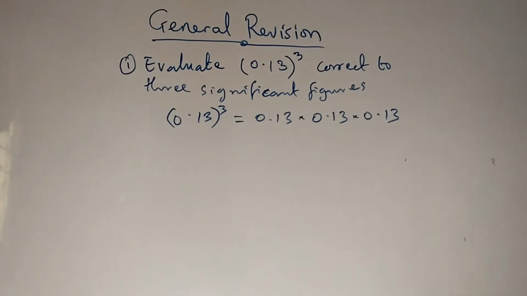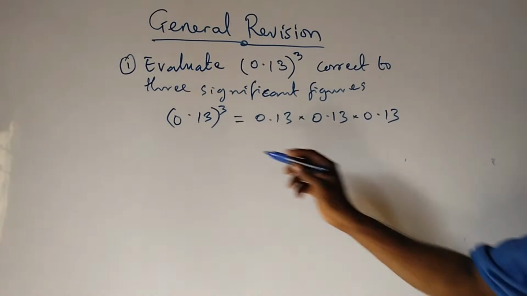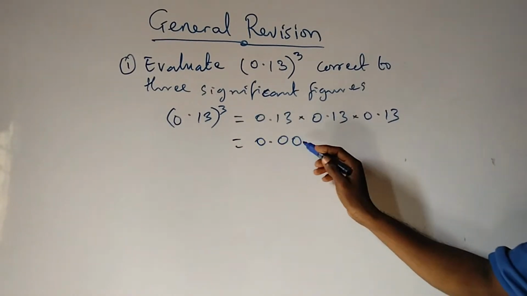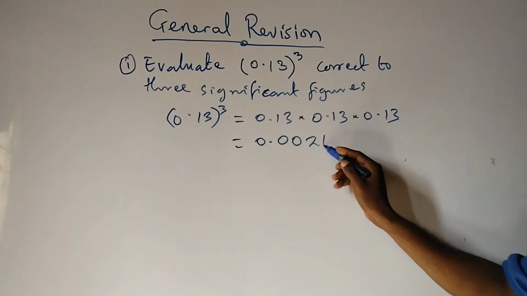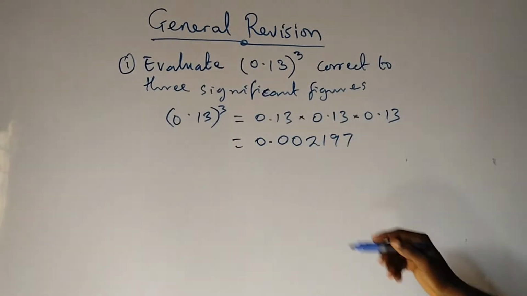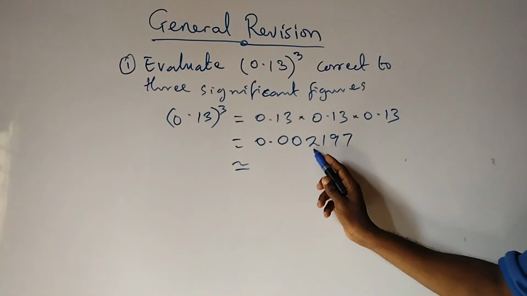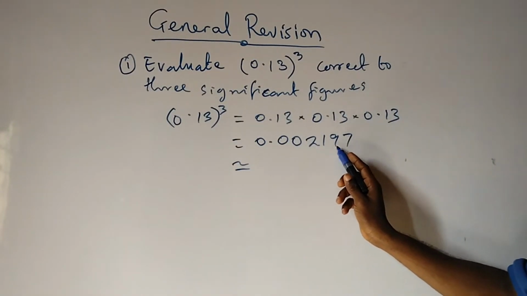So when we do this, we just need to put our answer to three significant figures. And this gives us 0.002197. And to three significant figures, the first significant figure here is 2, followed by 1 and 9.